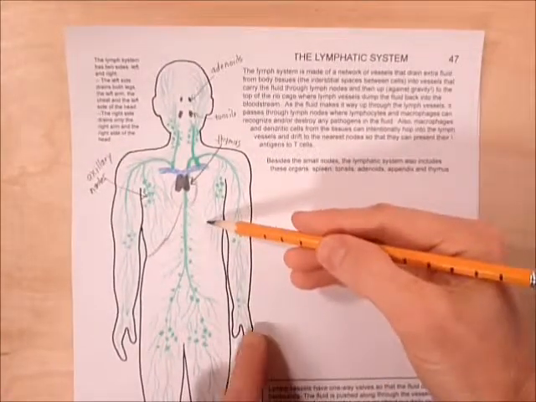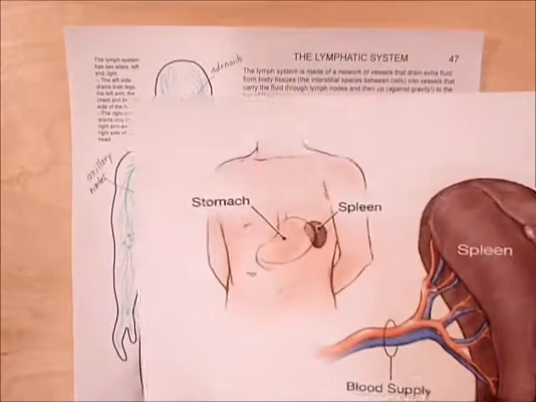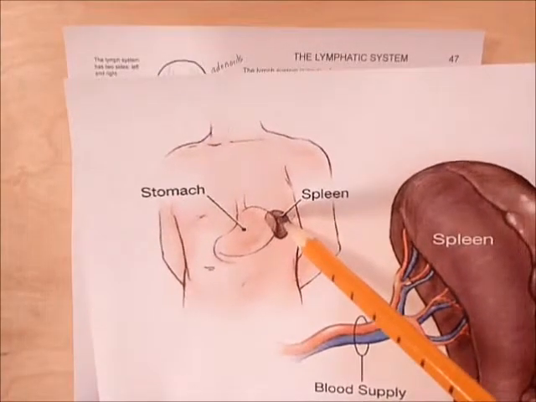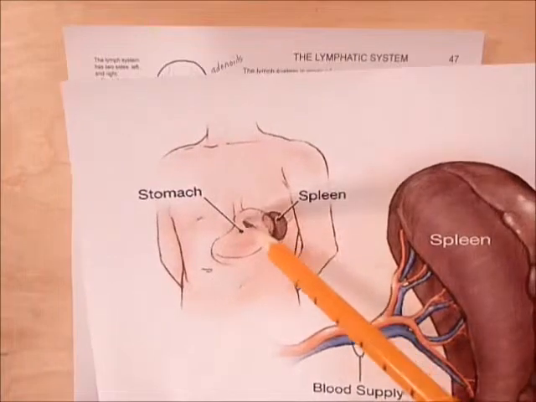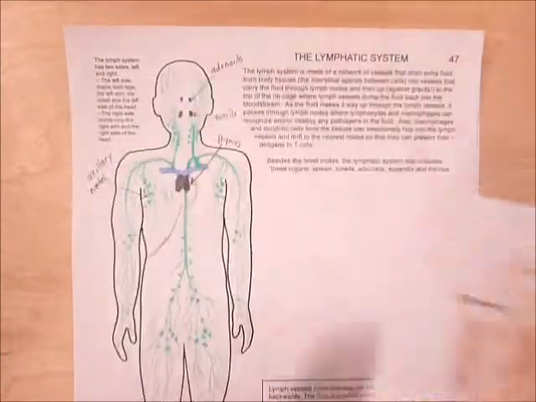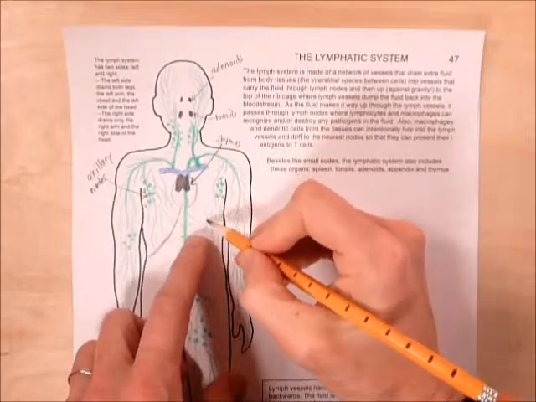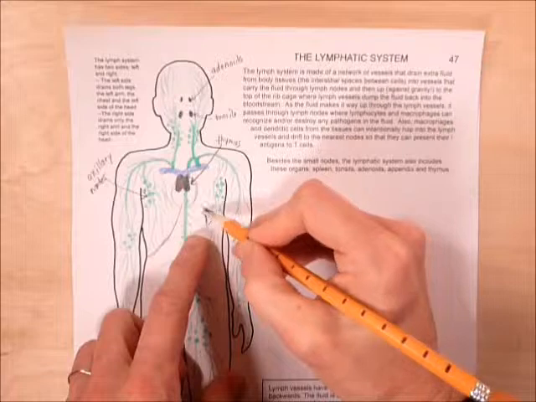Right about here, it's to the left of your stomach. Actually, let me show you. Let's see, right here. It's a picture where it shows you the spleen sits just to the side of the stomach like that, just under your rib cage. Okay, we're going to put more at it in a minute. Right now we're going to just put right about here. It's this.